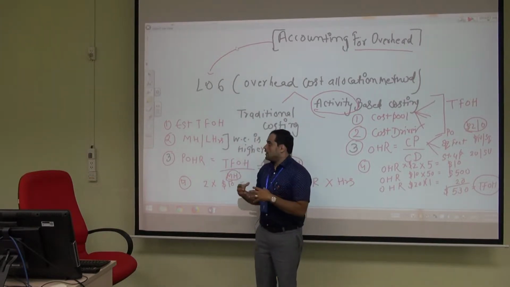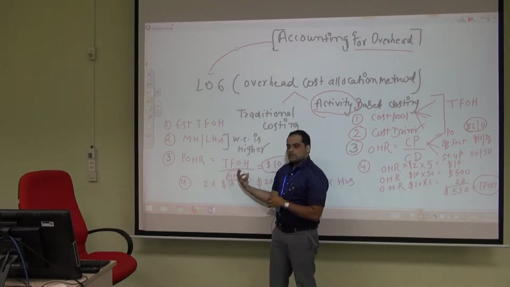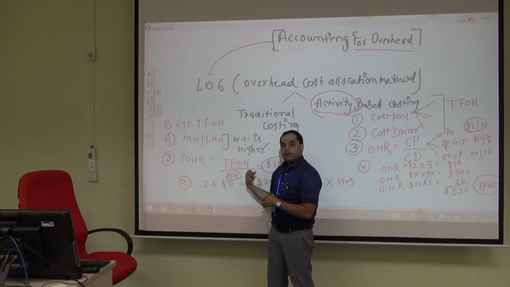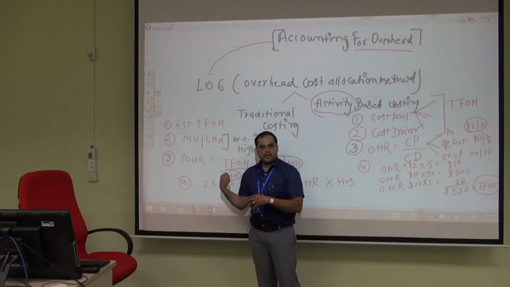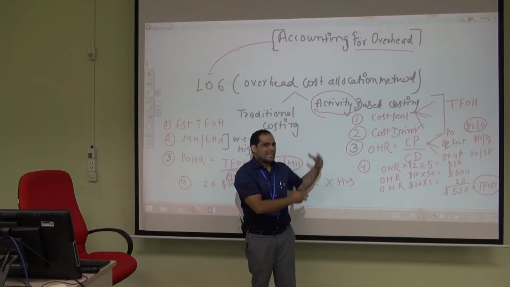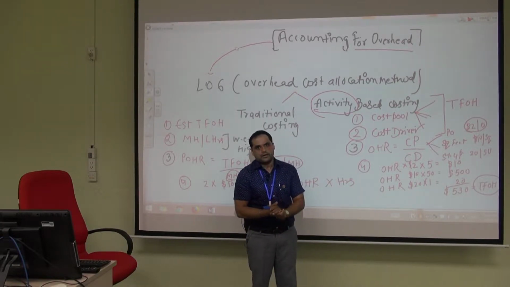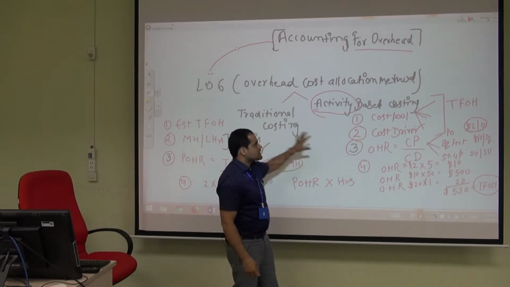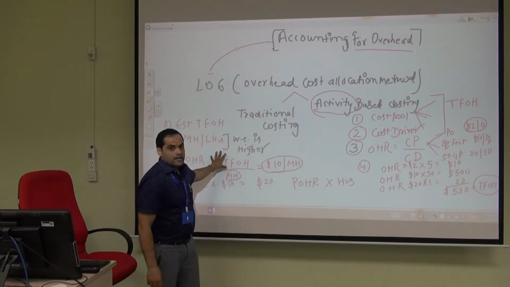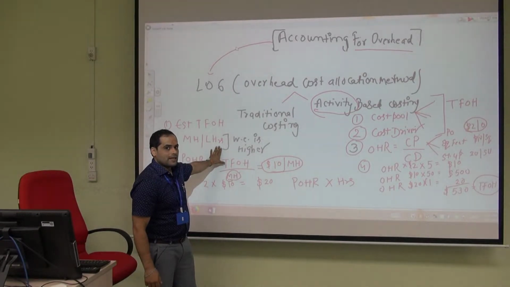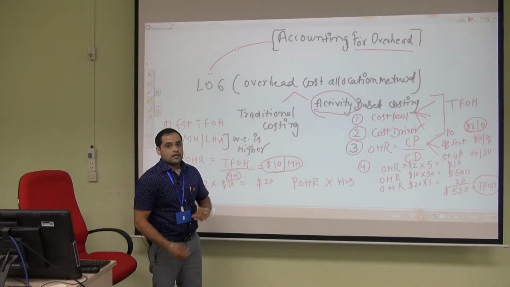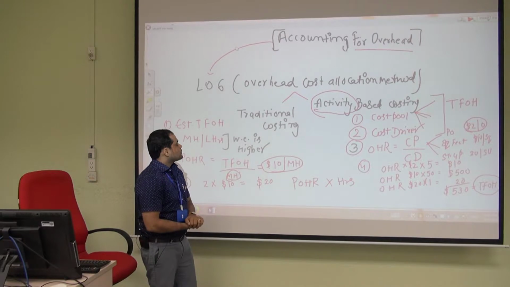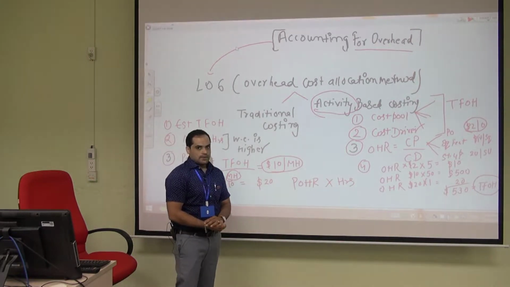And small companies are not going to be really happy to spend that much money just on accounting activities. That's why big companies apply activity-based costing and some small companies apply traditional costing, as a small company has fewer activities compared to large companies. So that's all about activity-based costing.